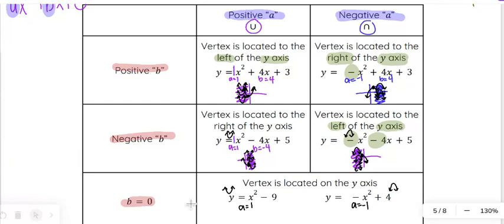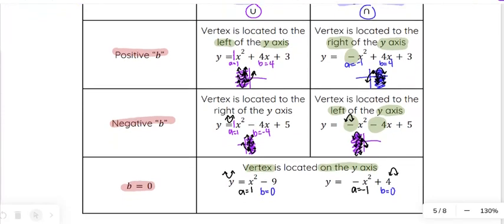But further, if b is 0, meaning there is no b term there, then if a is positive or negative, it's going to fall in the same spot. It's going to have a vertex that is located on the y-axis.